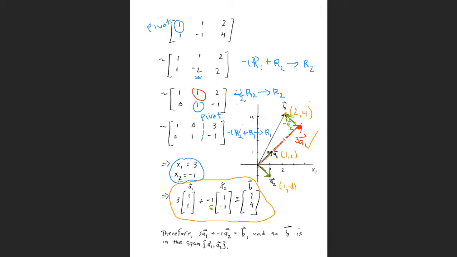That does give you 2, 4. And therefore, the vector b is in the span of a1 and a2. The vector b was reachable using a linear combination of a1 and a2.